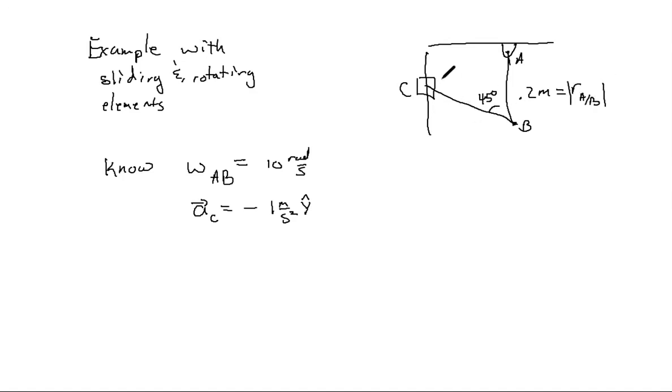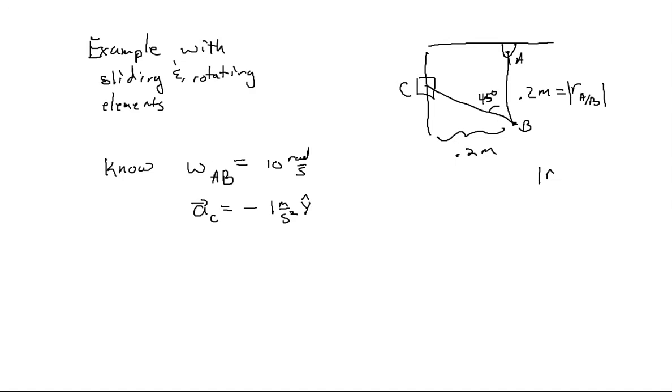And because this is on a 45-degree angle, and we know that this, although it's not drawn very well, is also supposed to be 0.2 meters, tell you what, rather than doing the magnitude, let's just write down the actual vector.